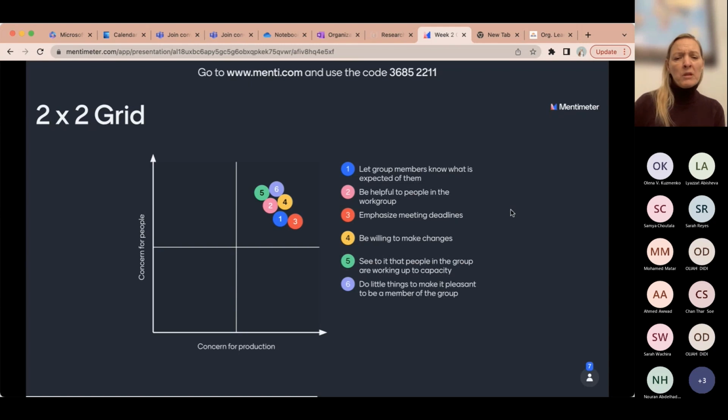So when we look at being willing to make changes, that's more of a concern for people because it speaks to flexibility. It speaks to honoring the value that people bring. And sometimes we can't make those changes now. It'll have to be in the next round because this is a hard deadline and we can't make that deadline with the number of products that we need to have.